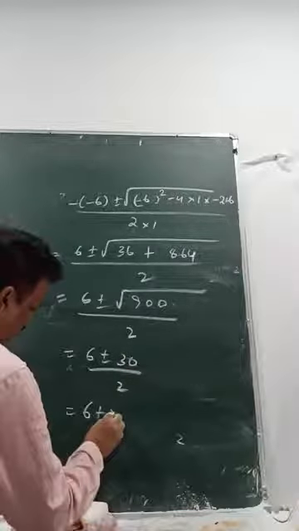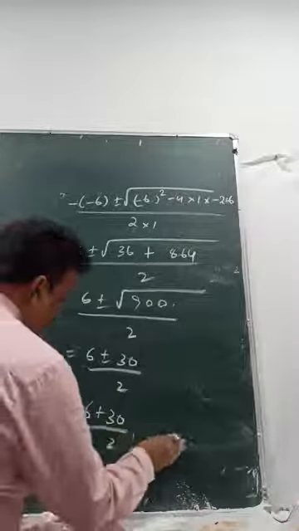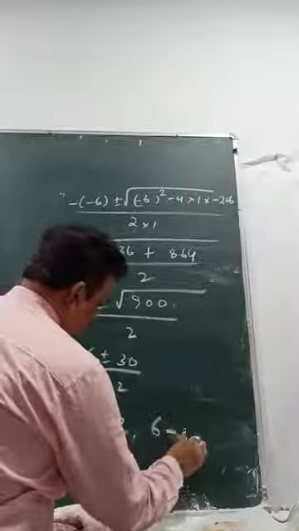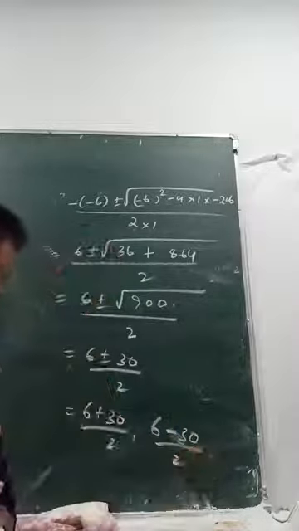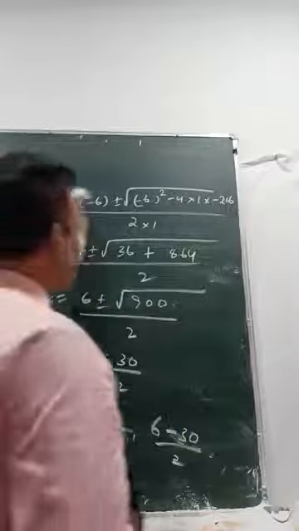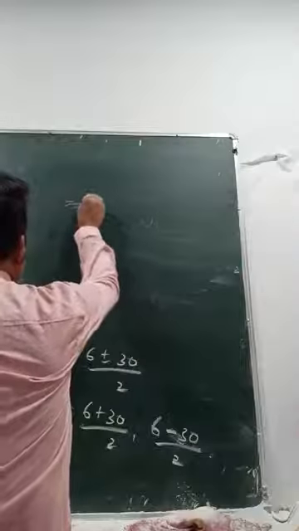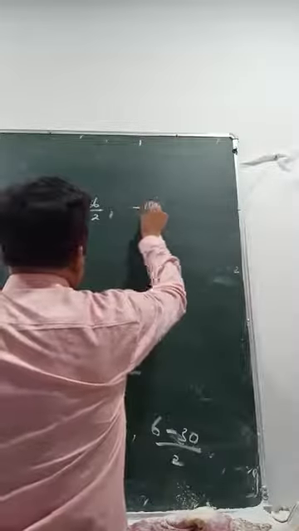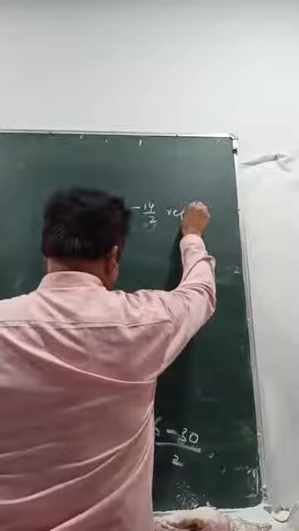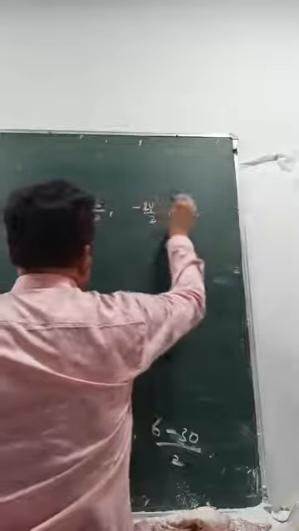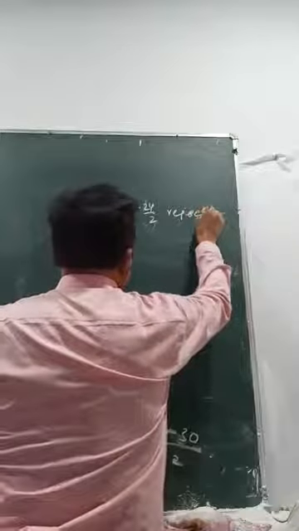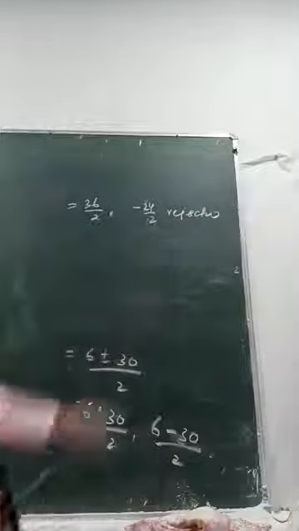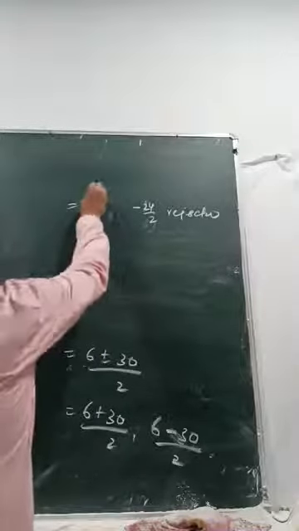6 plus 30 by 2, 6 minus 30 by 2. 36 by 2, and this is minus 24 by 2. Minus 12 is rejected. So 36 by 2 is 18.